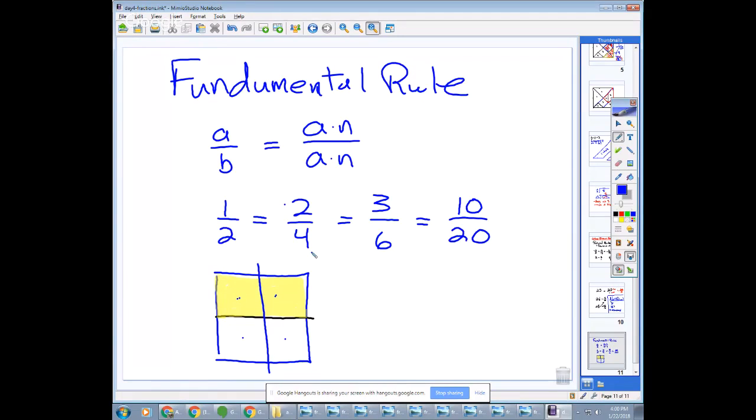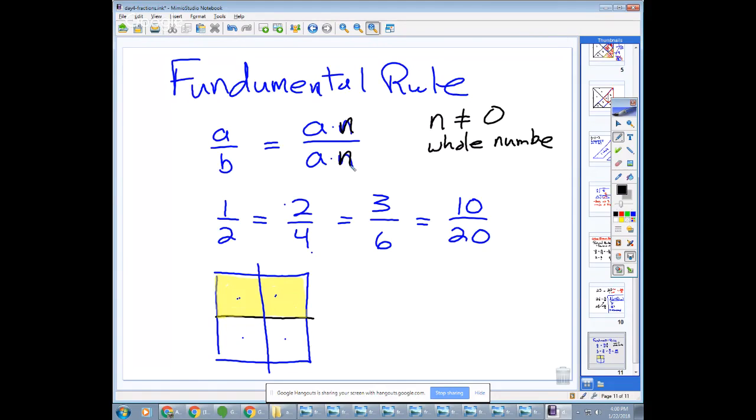Now, on the other hand, this number n here, usually when we talk about that number n, we don't want it to be 0, and we start off with it being a whole number. But n could be a fraction, or we could use division.